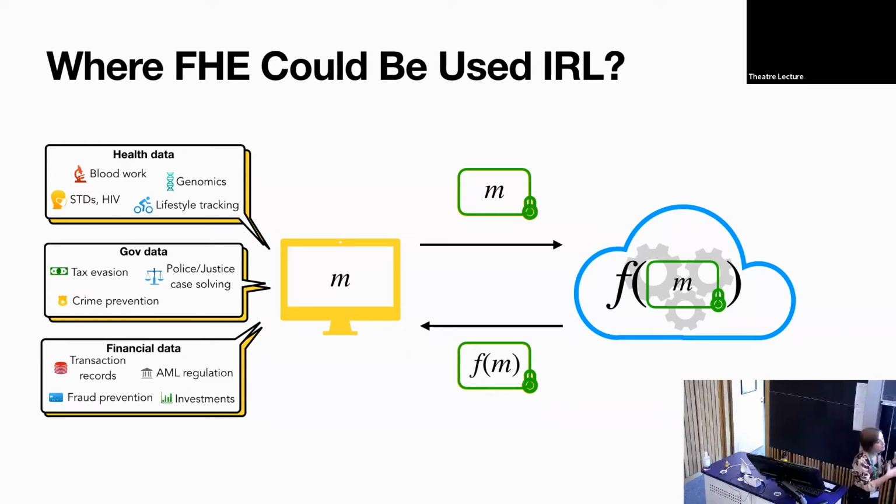So it can apply this function F without knowing the message inside the ciphertext. And it can send you, of course, the encrypted result, and you, the user and owner of the secret key, are the only person that can really decrypt this data in the end. So it's very practical and hopefully secure, because the cloud learns nothing about your data.